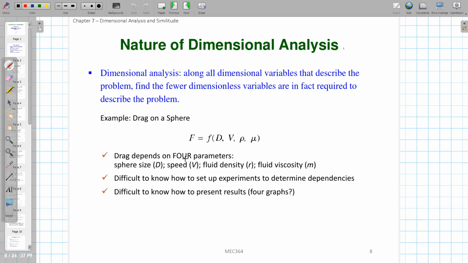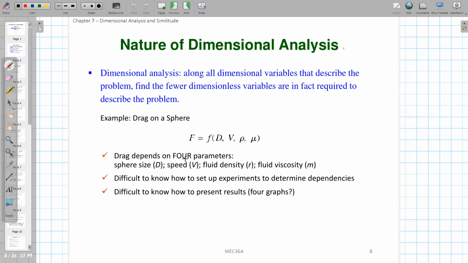But the problem is that we do not know what this function is, so you may want to determine it from your experimental study. How do you do that? As I introduced in the beginning, you choose several data points for each parameter and measure all the values to see the dependency of F on each parameter.